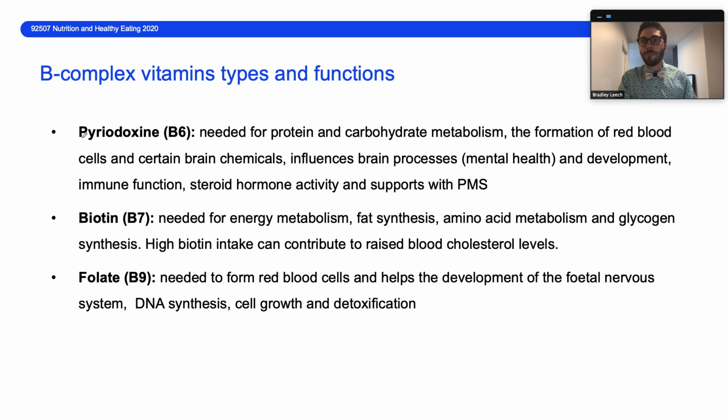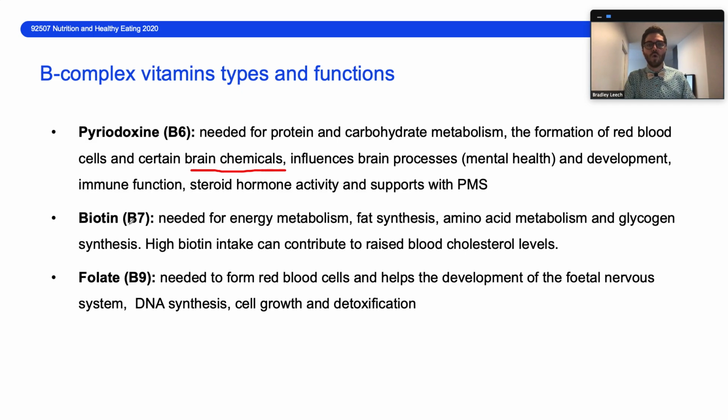Other B vitamins, you've got B6. B6 is an interesting one, and one that is gaining a lot of researchers' attention in recent years. Yes, it supports with protein and carbohydrate metabolism. It also is involved in red blood cell production. One of the interesting ones is it supports with brain chemistry, brain chemicals.